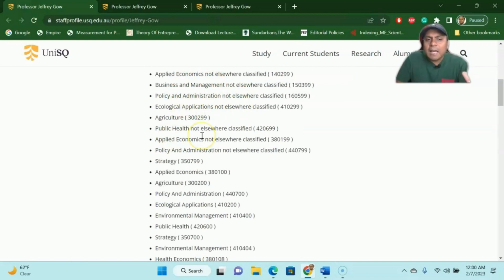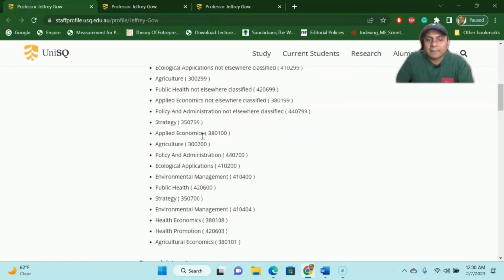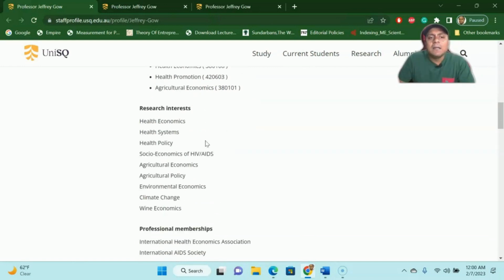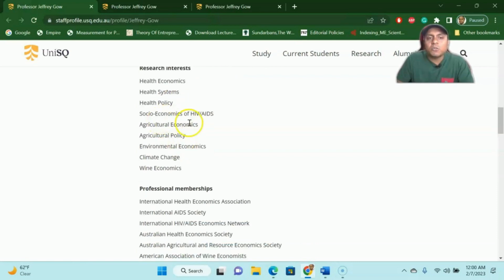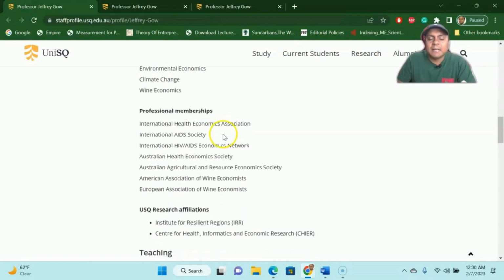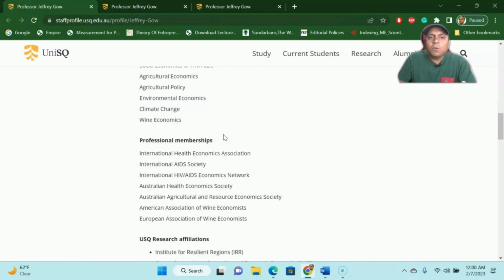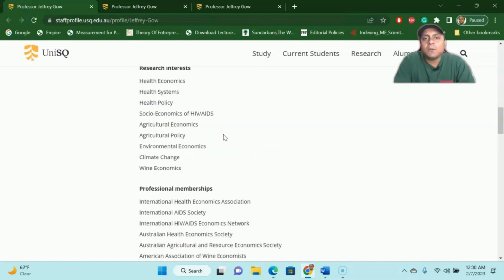I think it is related to agriculture, resource economics and public health. His research interest is more focused on health economics, health system, health policy, socio-economic of HIV and AIDS, agricultural economics, as I said. So if I were you, I would rather focus on health economics.